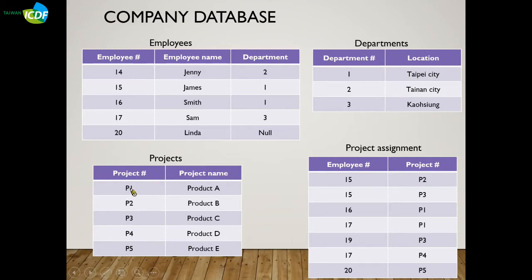For example, P1 mainly concerns the development of product A, and the project assignment mainly records employees' numbers and the project numbers. These tuples mean employee 15 is involved in project P2.